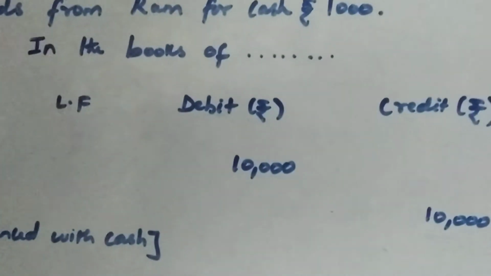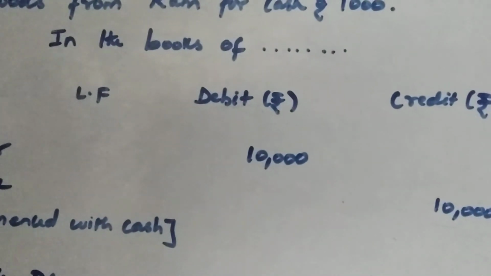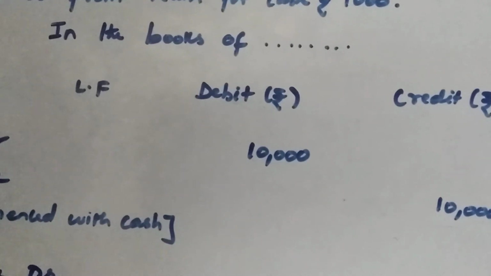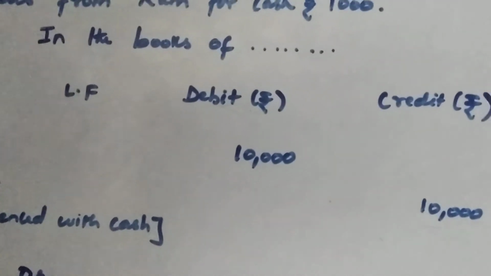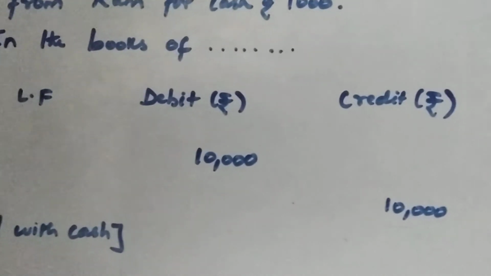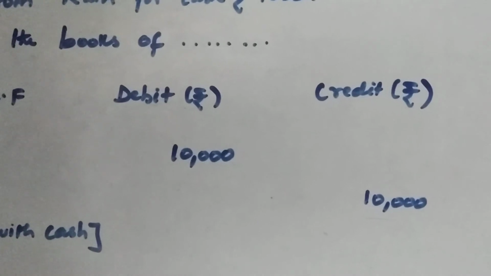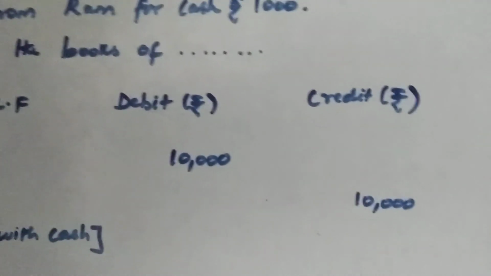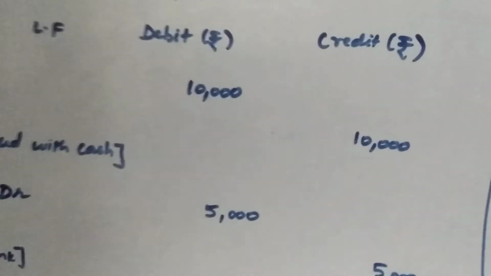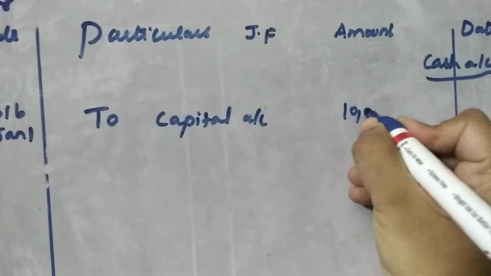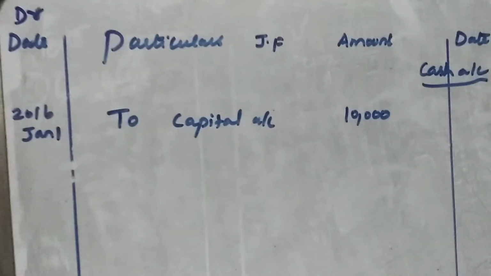So you have to write under cash, 2016 Jan 1st, to capital. You are going to leave the JF blank. What is the amount? 10,000.